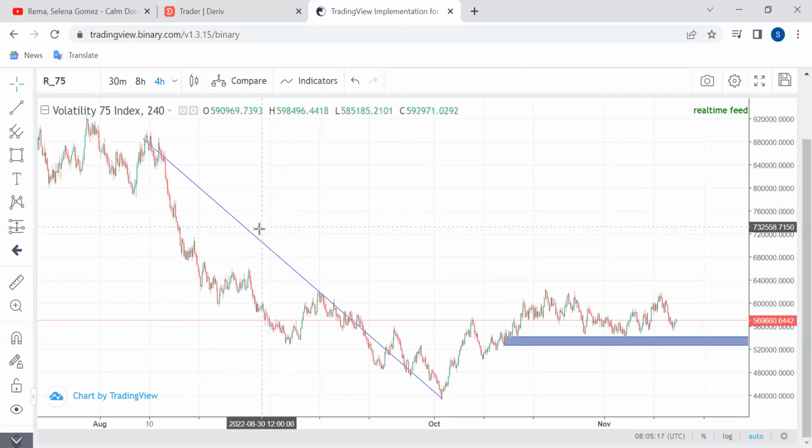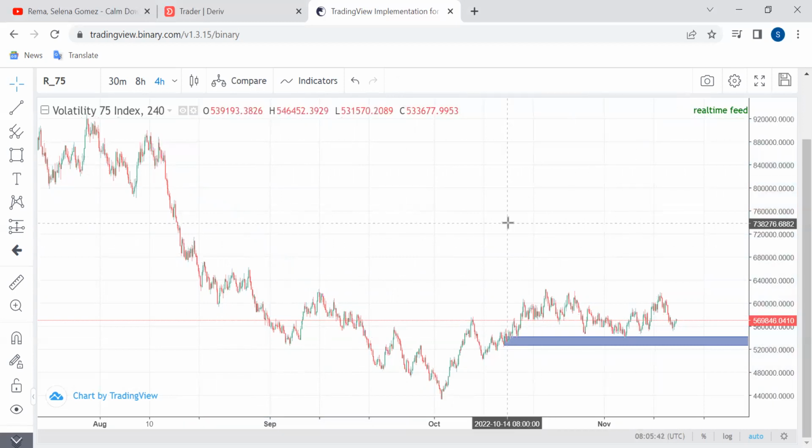So if you are to look for entries previously here, you would like to look for sell entries. Then that would be on the safer side when you look for sell entries when a market is trending bearish. And when a market is trending bullish, you'd be on a safer side when you look for bullish entries. Yes.